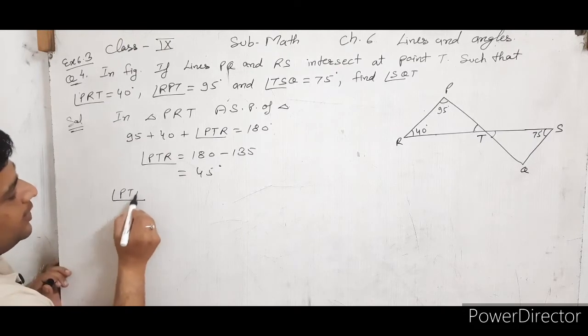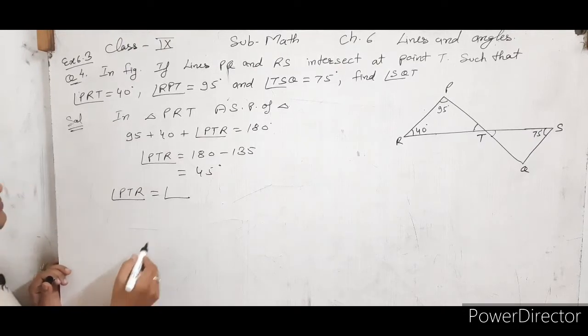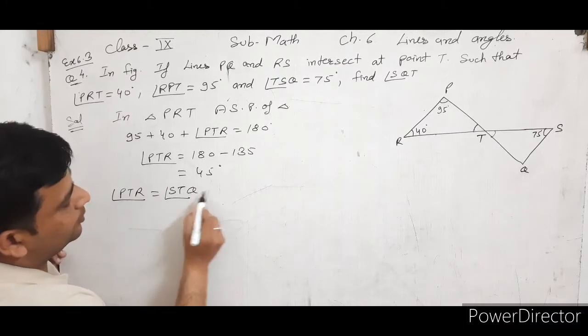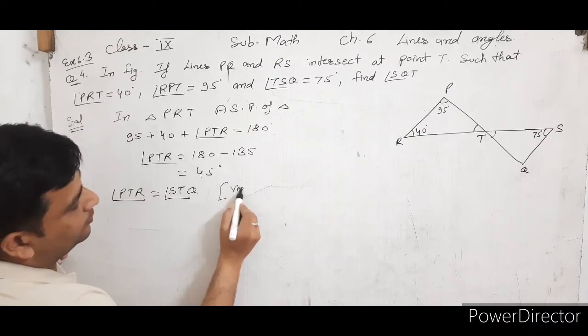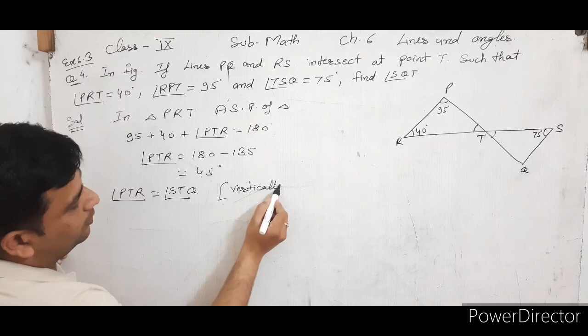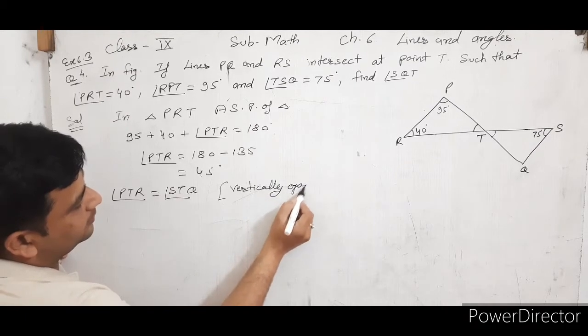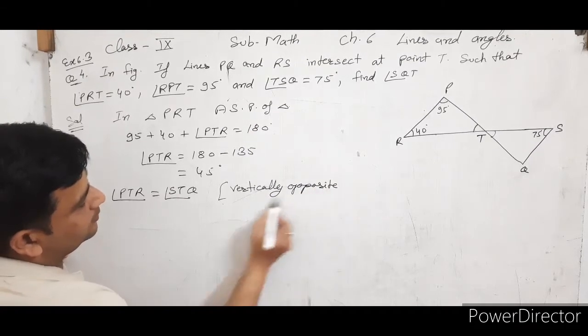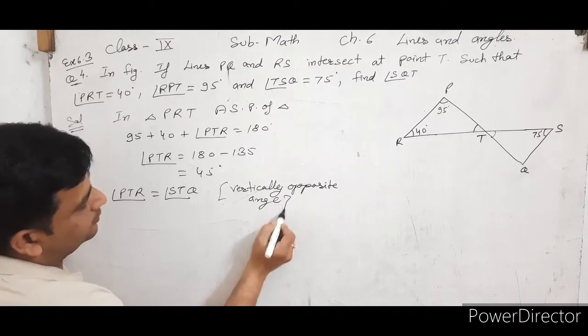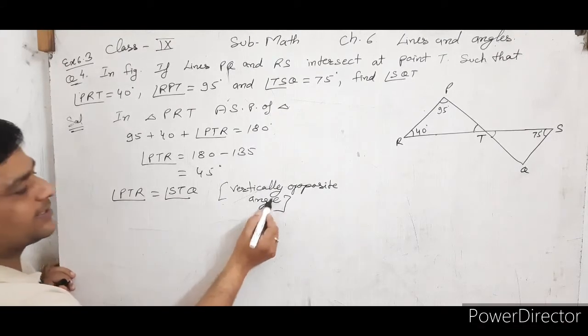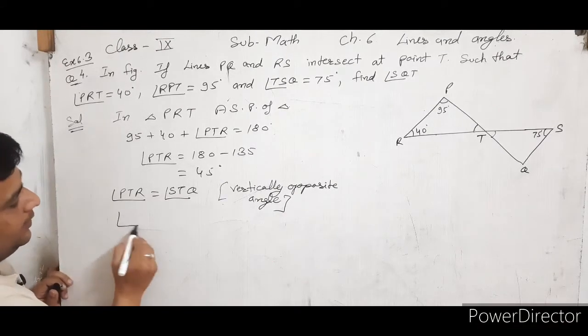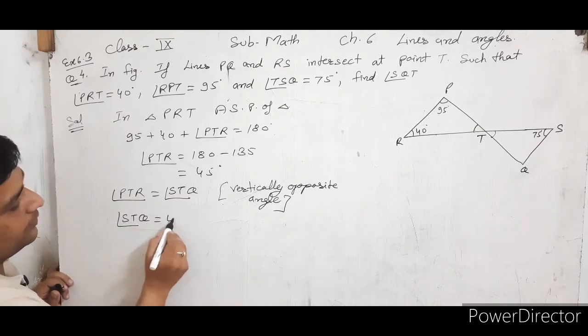Angle PTR is equal to angle STQ because of vertically opposite angles. That means angle STQ equals 45.